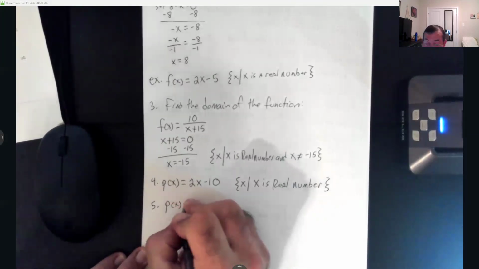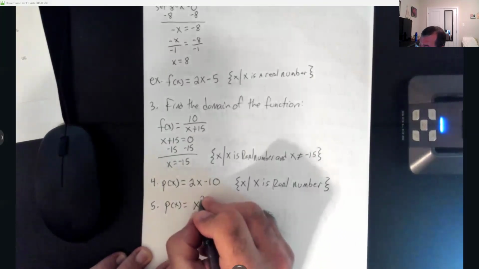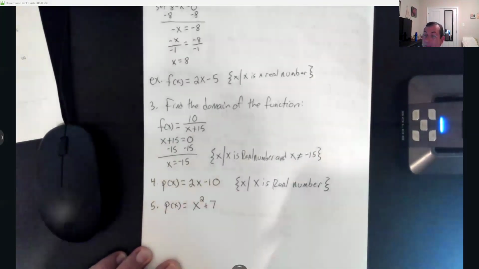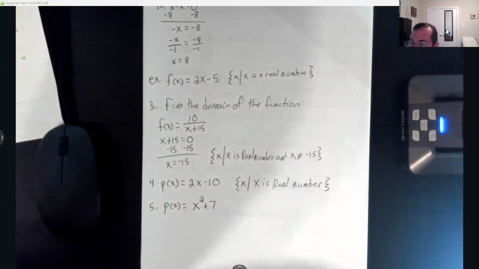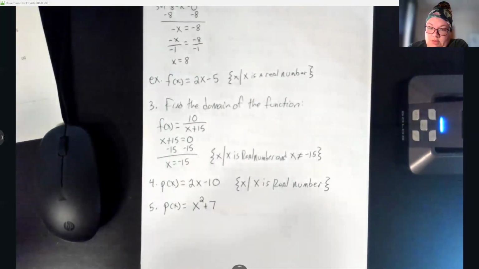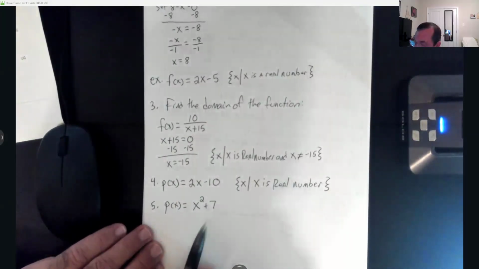P of x equals, oh, y'all look at this, x squared plus 7. So I'm throwing the quadratics at you now. All real numbers. Good, because there's no fraction.